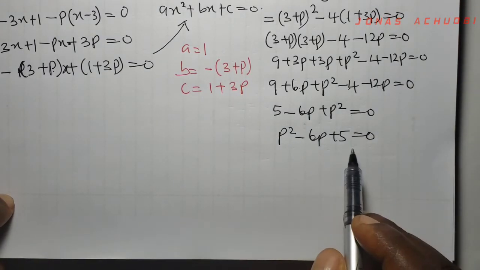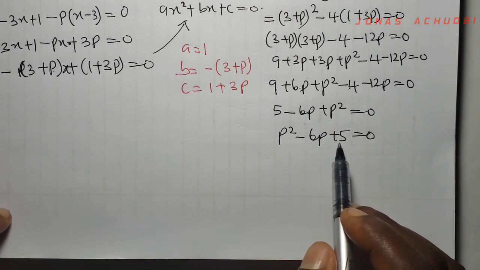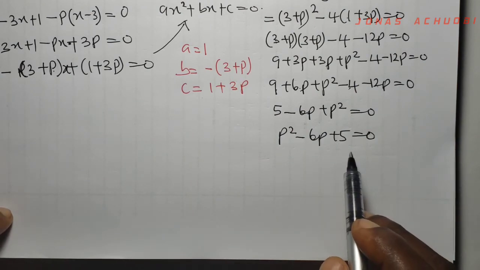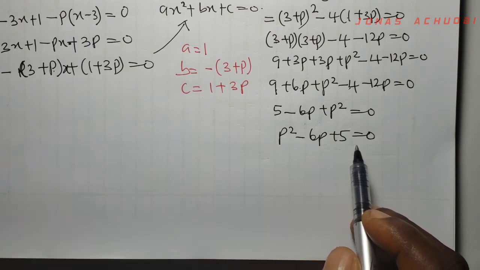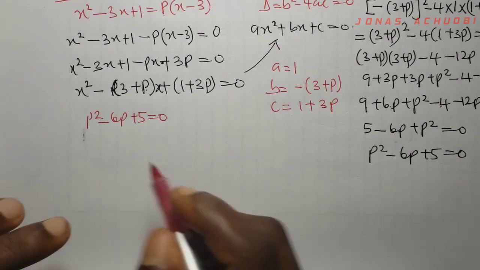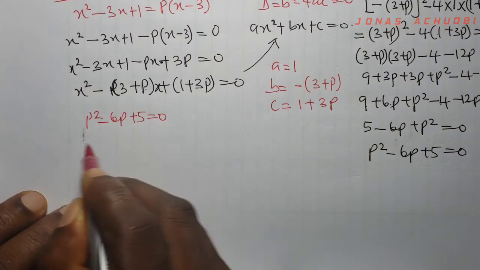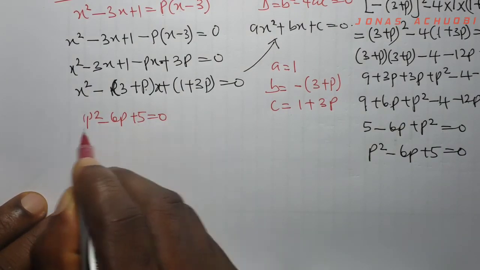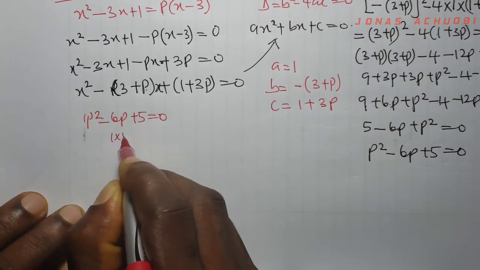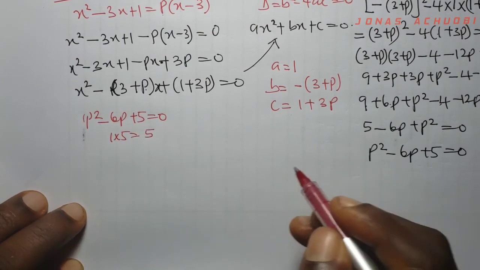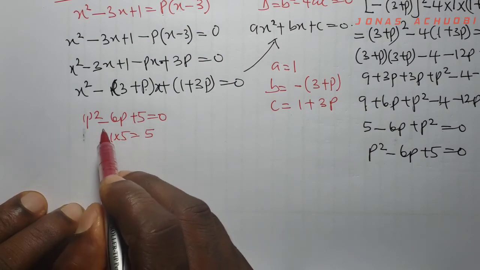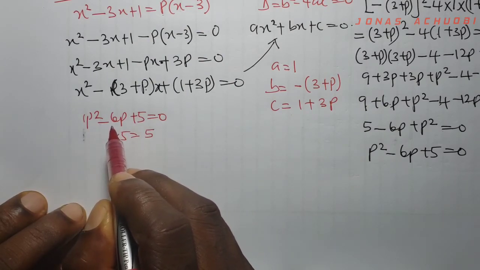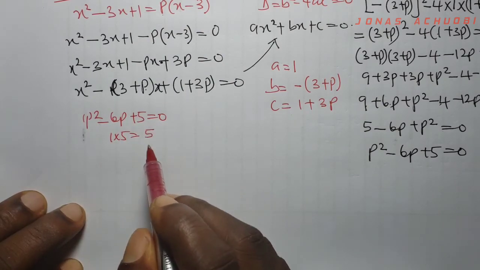And what we have here becomes our new quadratic equation which we have to solve. So let's see if we can solve this equation using the method of factorization. Our first step again is to multiply a and c, and here a is 1 and c is 5. So 1 times 5 is 5. We now look for two numbers such that when we add them we get negative 6, and when we multiply the same two numbers we get 5.